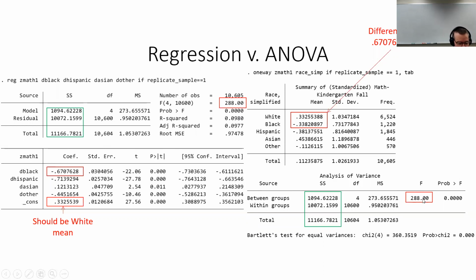You have exactly the same F over here. Stata doesn't give it by default, but there is kind of an R square measure, an eta square, that you can get from ANOVA. So the point here is that both regression and ANOVA work from the same least squares criterion and produce exactly the same information.